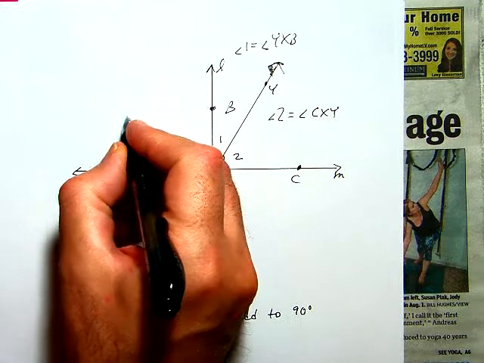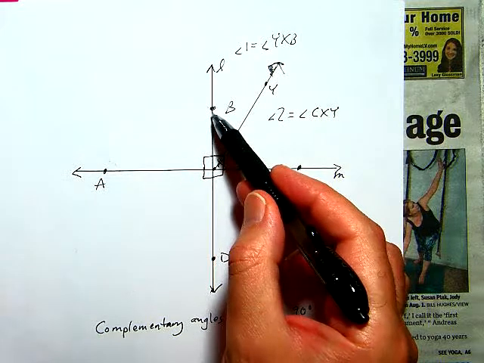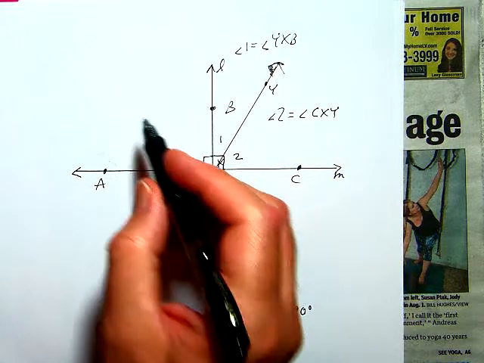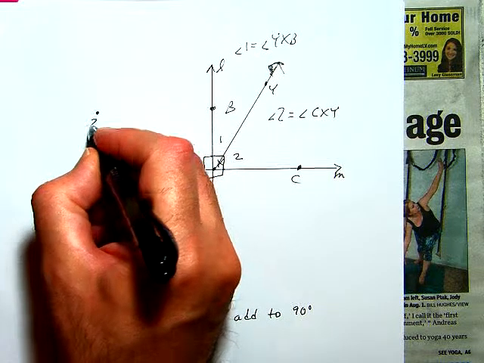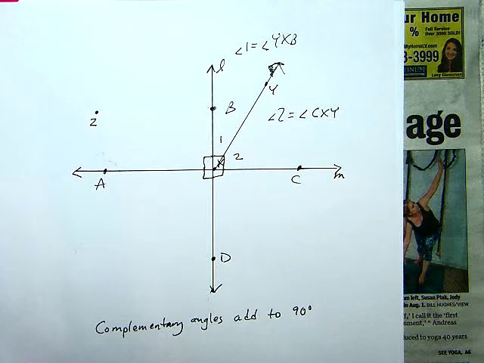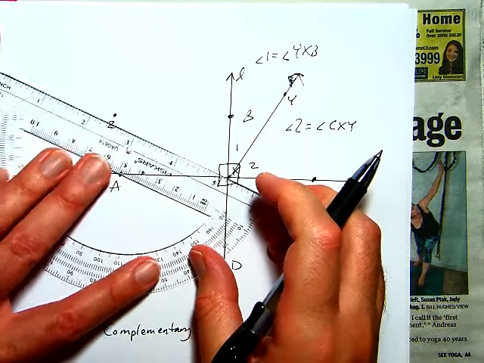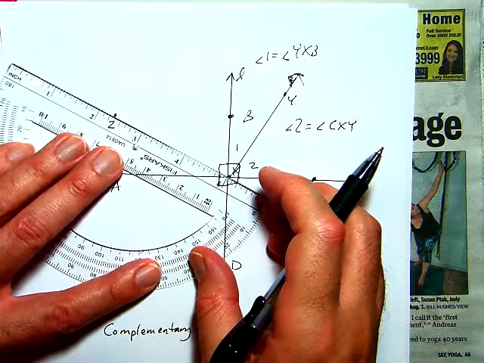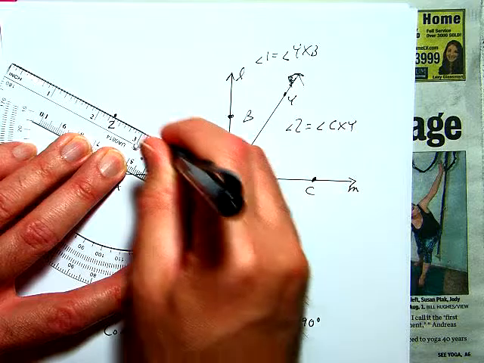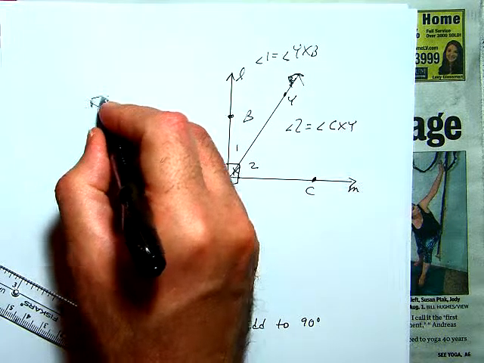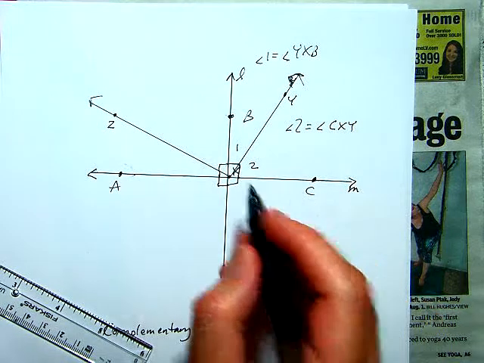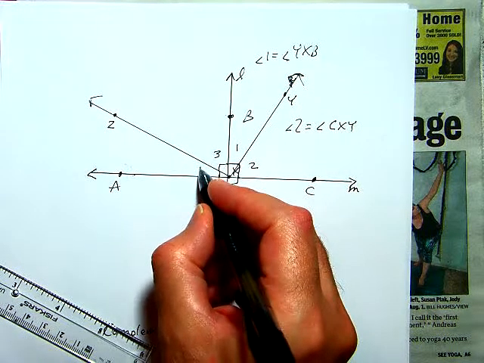So let's say we pick a point in the interior of angle BXA. Let's say we pick point Z over here. I can then draw a ray XZ, and if I wanted to, I could label this angle 3 and this angle 4.